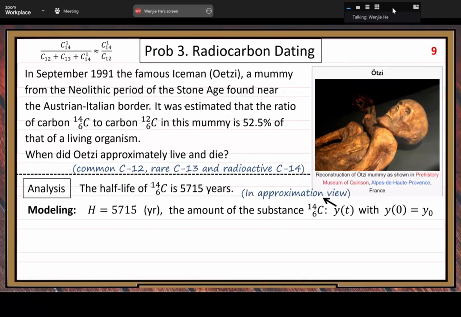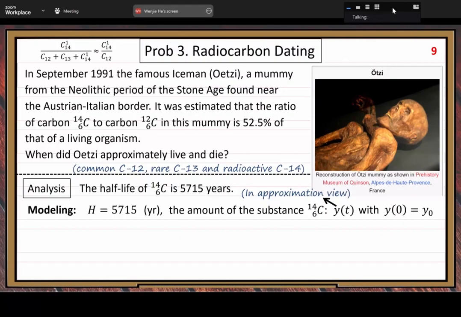So for the denominator we just use the amount of C12 to approximate. We just use this ratio to represent the percentage of carbon-14.